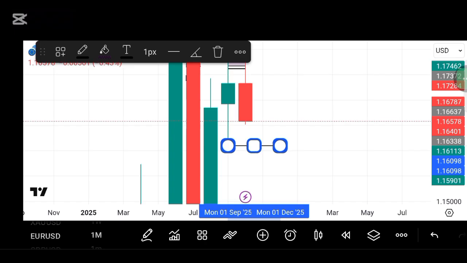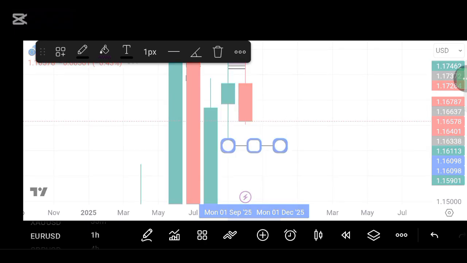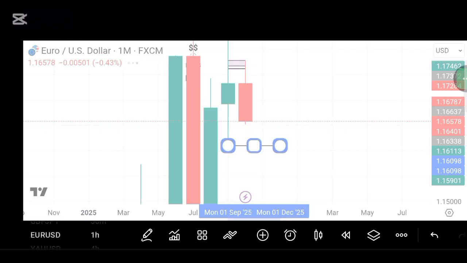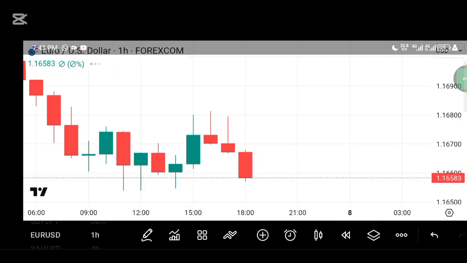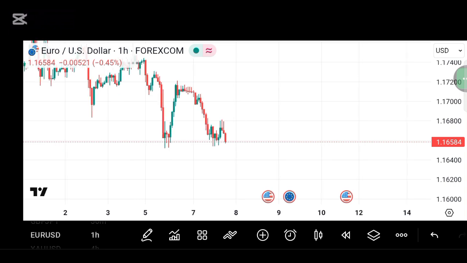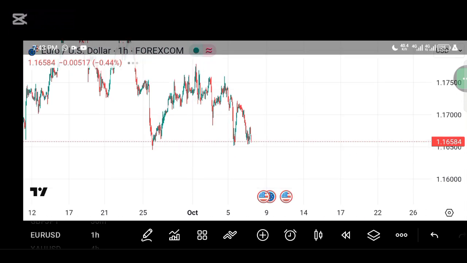So let's go to the 1 hour, which is the entry time frame I look out for entries on. Meanwhile, price is actually doing well. On the other side of the chart I used to analyze, we've gotten to my daily target already.